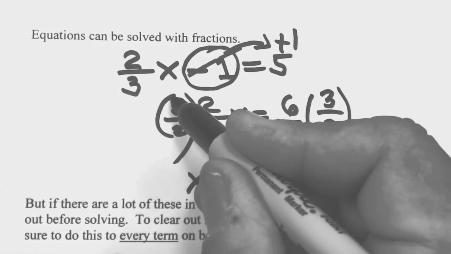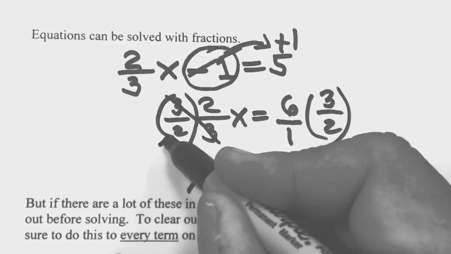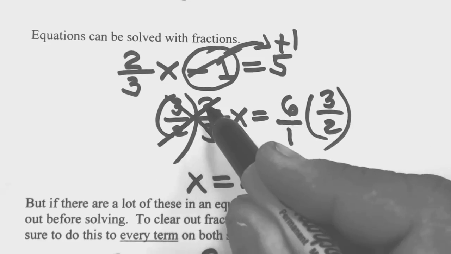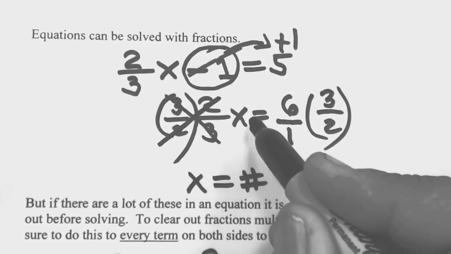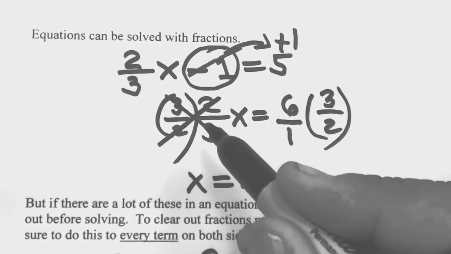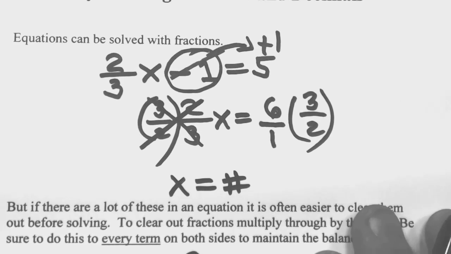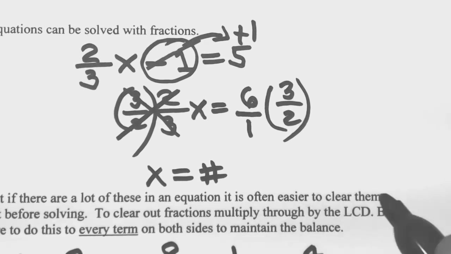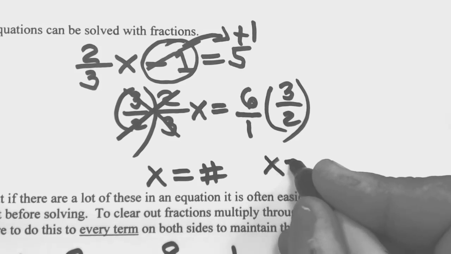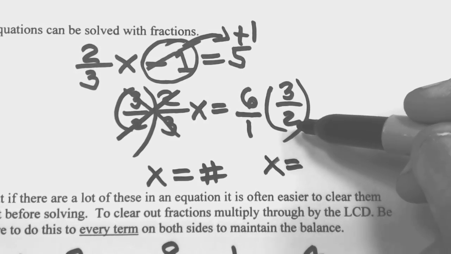Well, what happens on the left? The 3's cross cancel, the 2's cross cancel. We end up with 1 over 1, which is just 1 times x. So there's our x on the left. Let me write it over here on the right where I've got some room. Now, what's the right side?